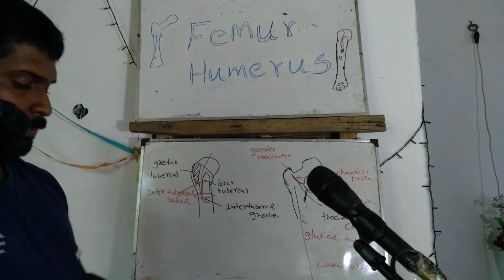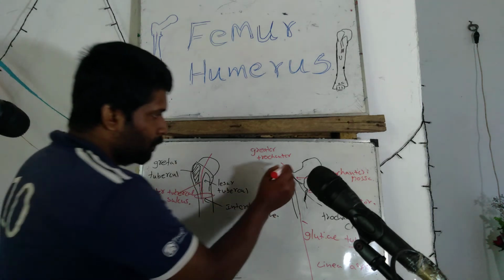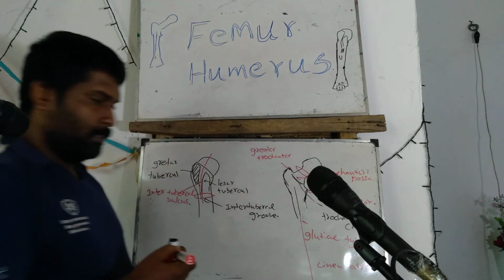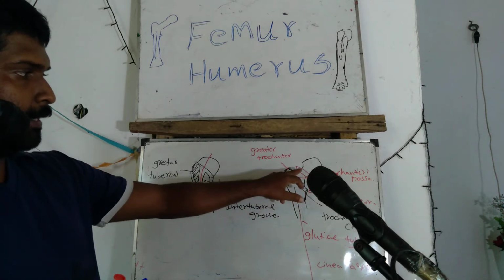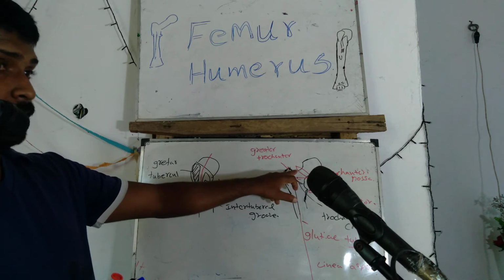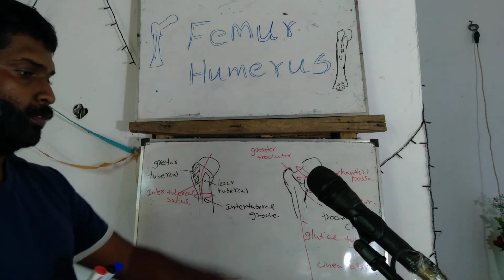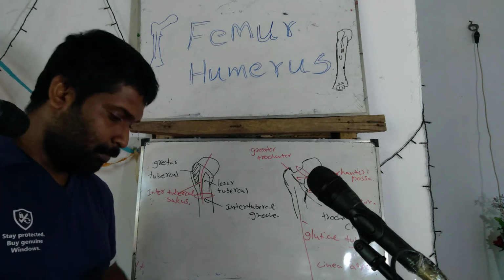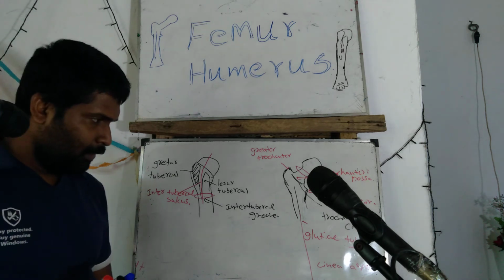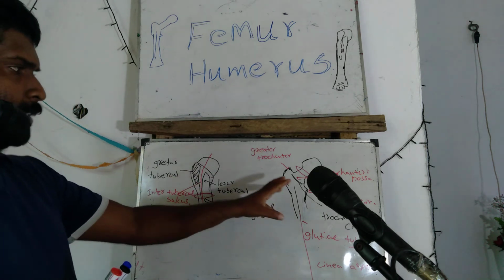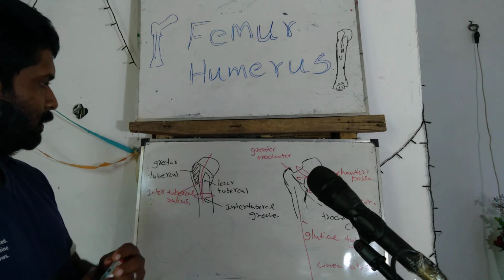Consider the femur. The femur also has a surgical area. Below the head can be damaged, and falling down sideways can damage this area. These are the anatomical areas we are going to discuss.